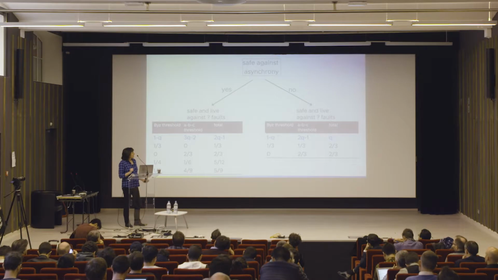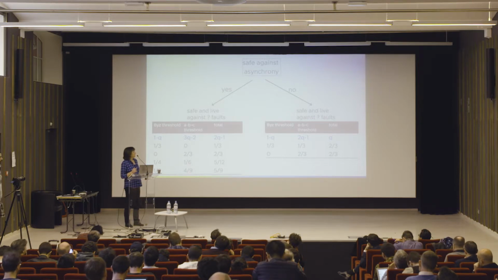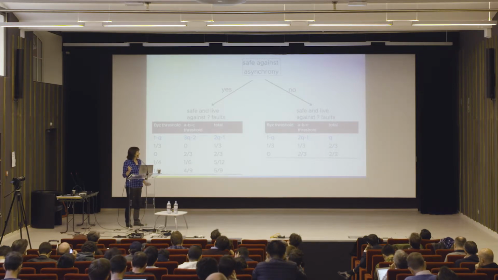And 2/3 will be the maximum here. I just want to say, finish the sentence, the same situation with slightly different math holds in the synchronous setting, and allows us to always be resilient to 2/3 corruption.